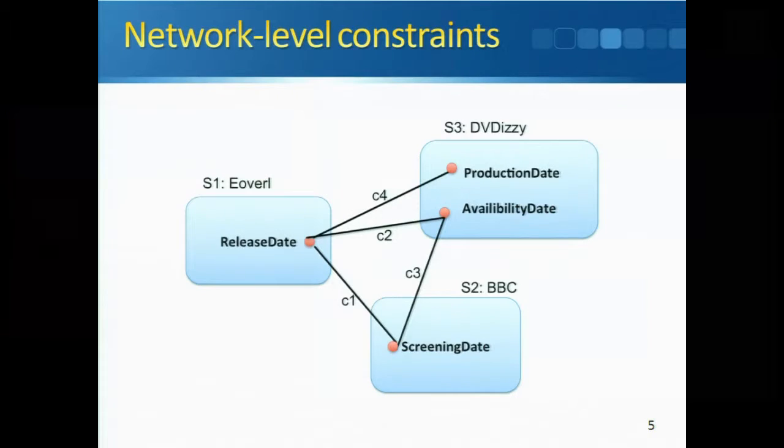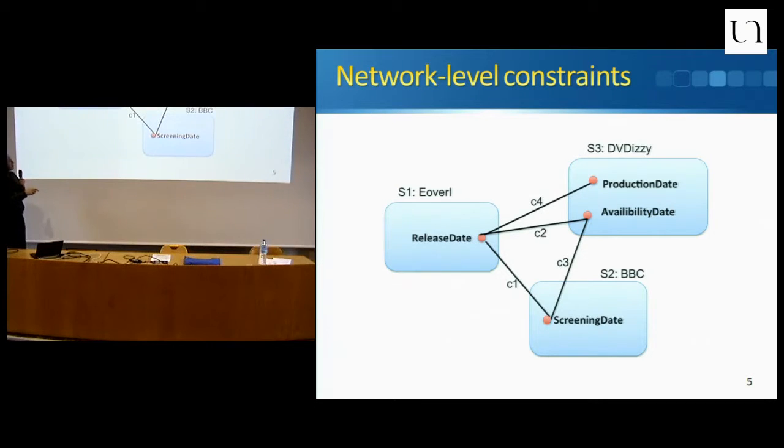It's maybe clearer if we assume we have three schemas and we want to do pairwise matching. Let us look at the case of production date, release date, and screening date.